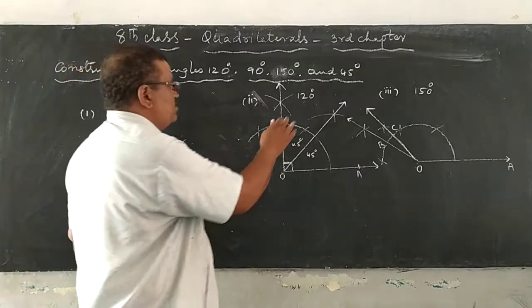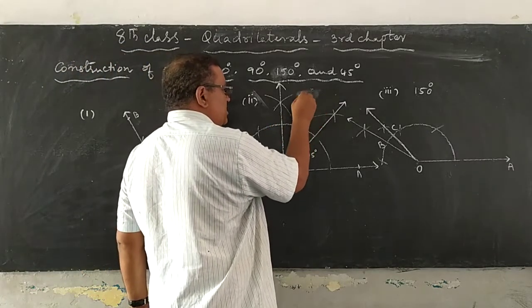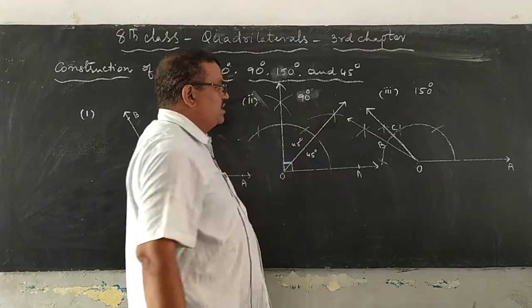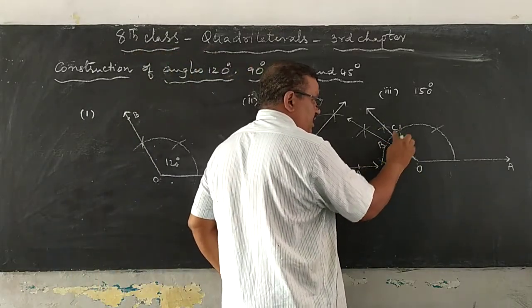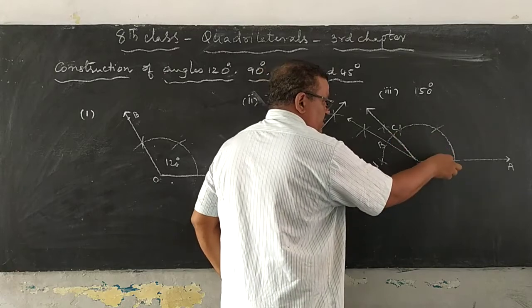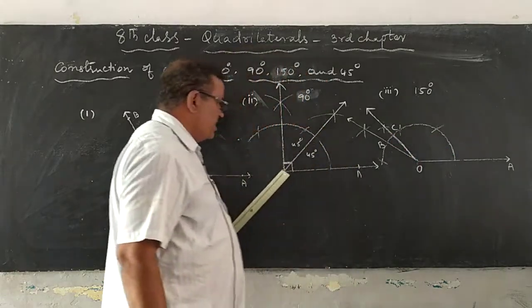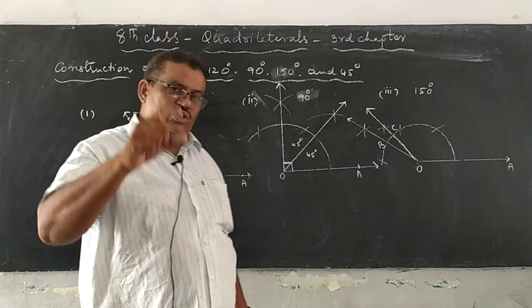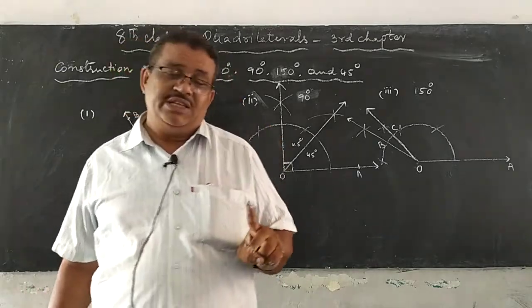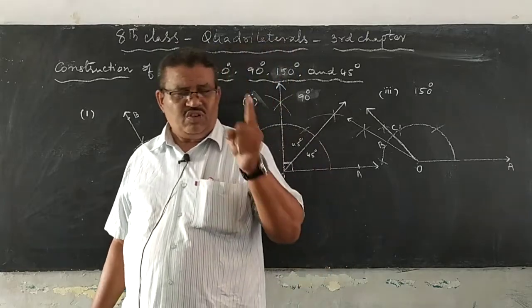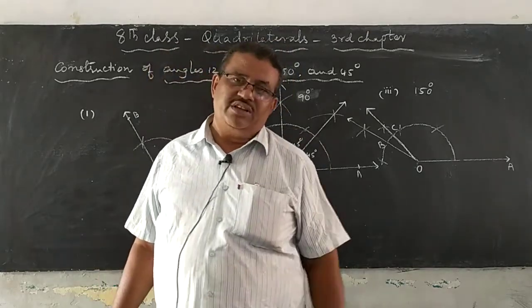The second one, this is not 120, this is 90 degrees. This is angle 150 degrees. This entire one is 150. This entire one is 135. This angle is 45 degrees. This is the construction of angles 120 degrees, 90 degrees, 135 degrees, 150 degrees and 45 degrees.